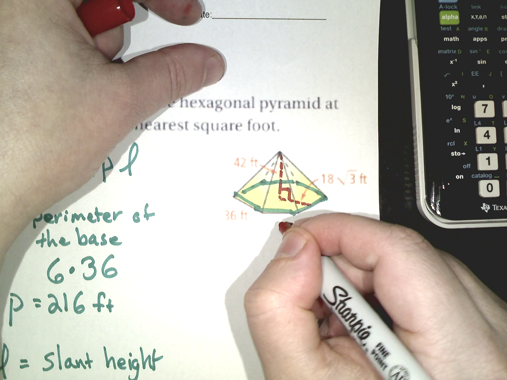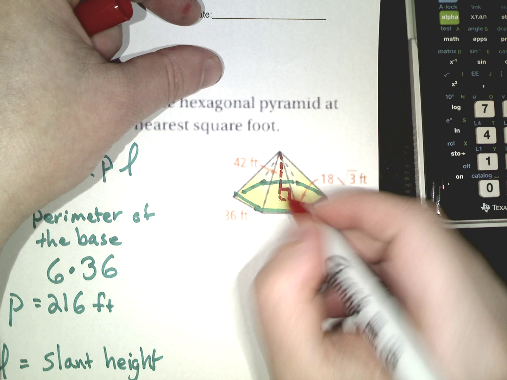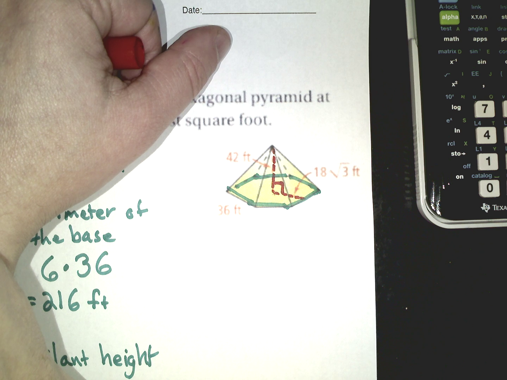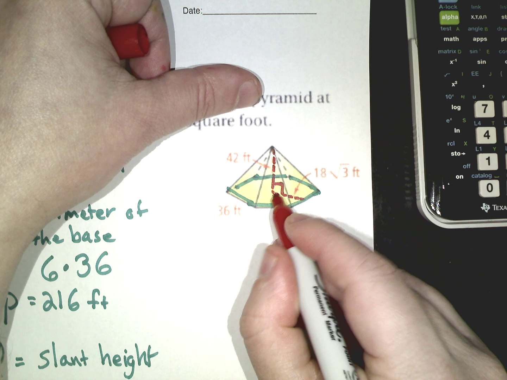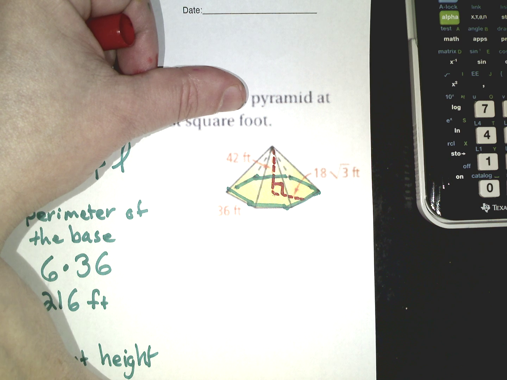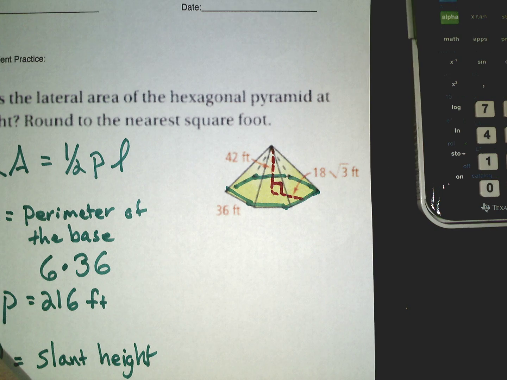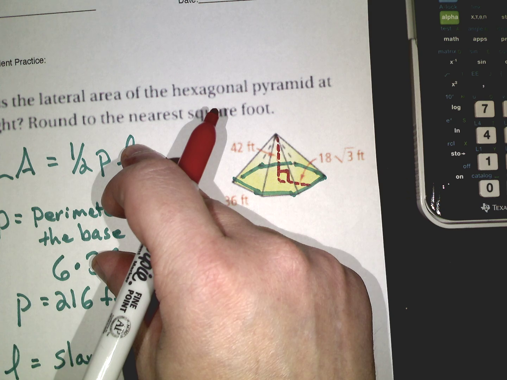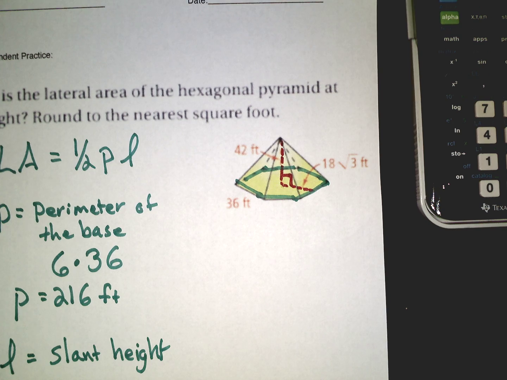If we were looking for the area of a regular polygon, that would be equivalent to an apothem over here. But that doesn't really concern us. That would concern us if we were doing the surface area. We're just doing the lateral area here. And remember, these formulas are all in your guided notes, so it's all there.